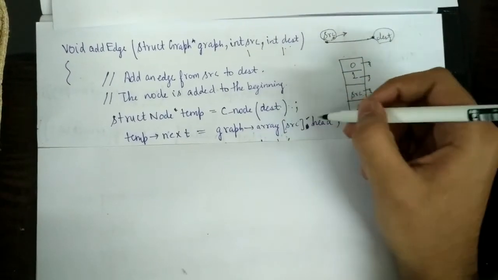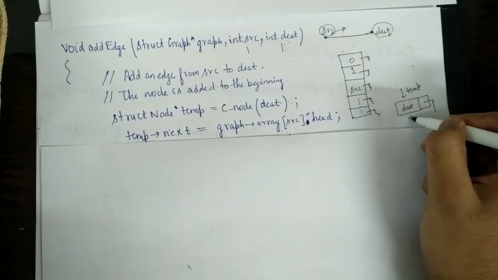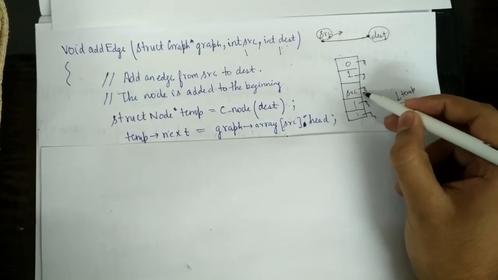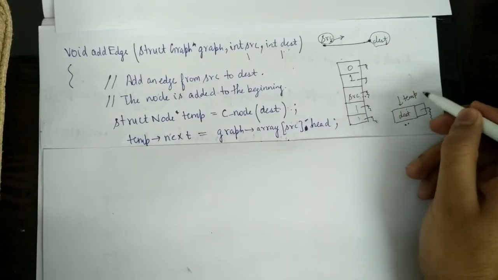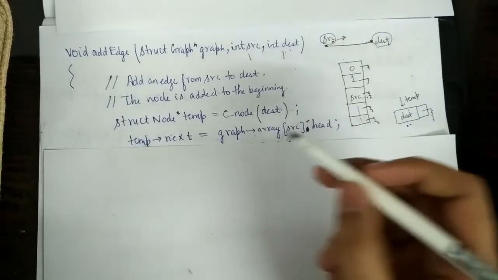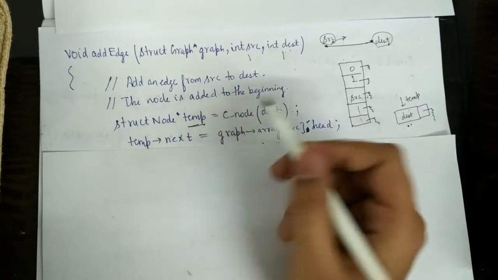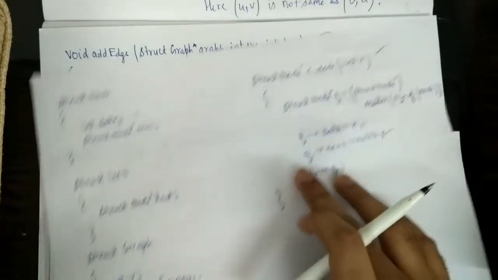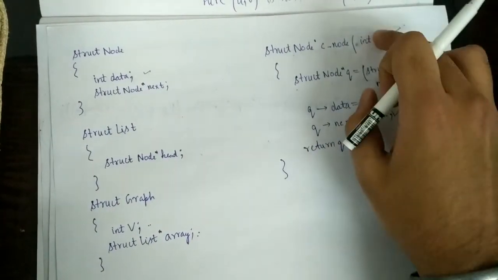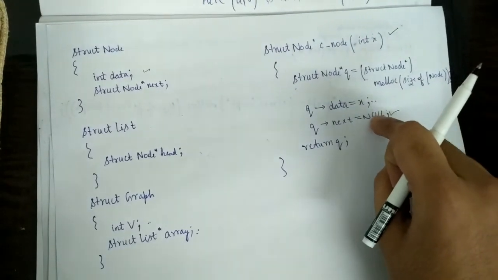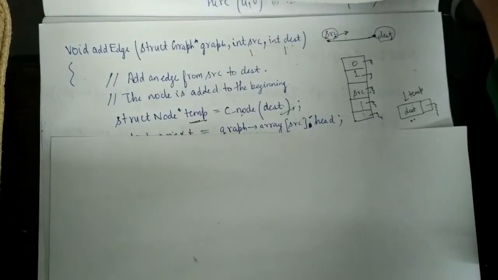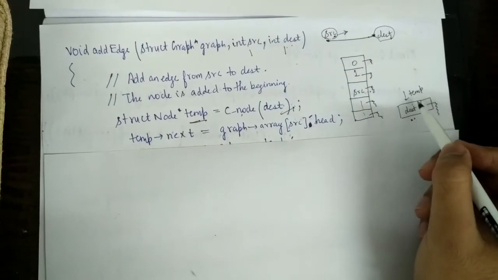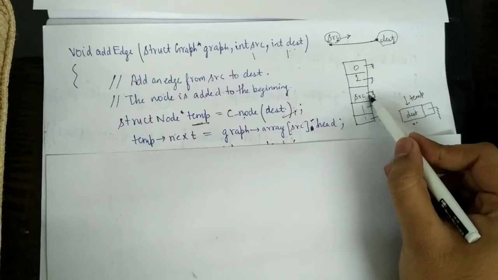So this function would create a node corresponding to the destination data field, and it would go to that source adjacency list and attach this node to it. It would create a temporary node with the dest data field. This was the create node function that we have created. It would create a node with the input and set its next to null. So we will create a node. Now we have to attach this node to the source adjacency list.